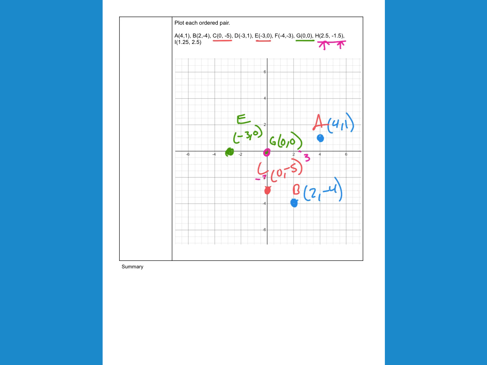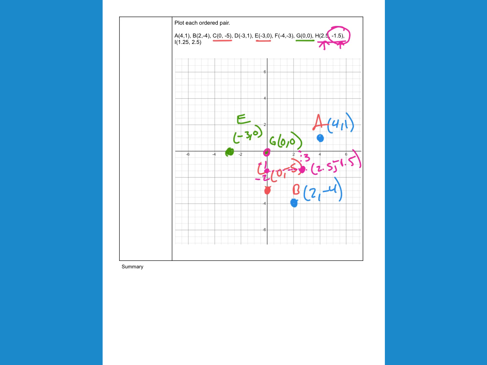Here's my negative 2. Halfway between 0 and negative 2 will be negative 1. And we're looking for negative 1.5. So halfway between negative 1 and negative 2 is going to be here. So I need to go over this way, go down this way, so it's going to be right here. And that's going to be at (2.5, -1.5).